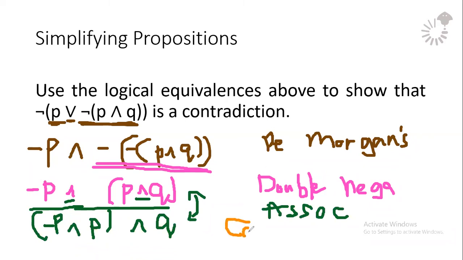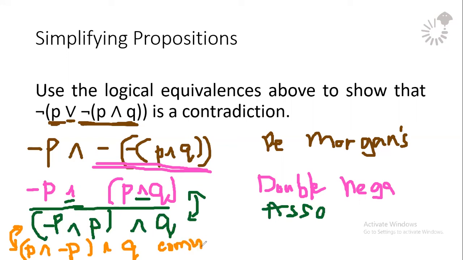For commutative law, this is P and negative P. Pareho lang yan nitong nasa taas. And Q. So, ano na-apply natin dito? Commutative. And then, what else?